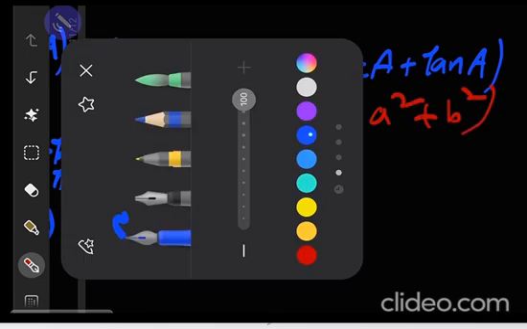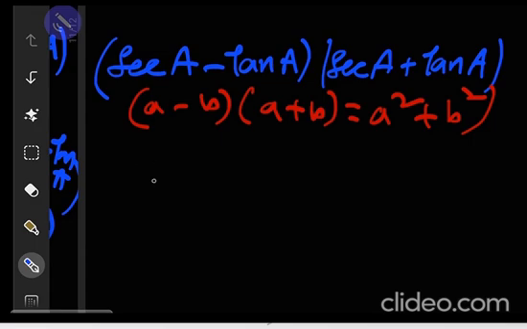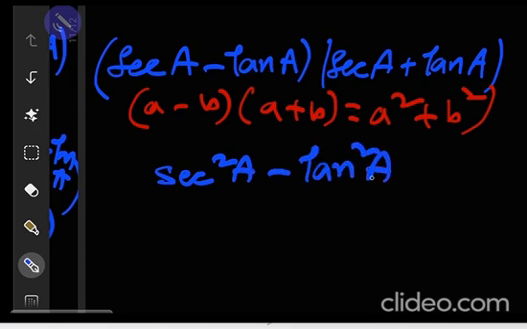So this is secant square A minus tan square A.